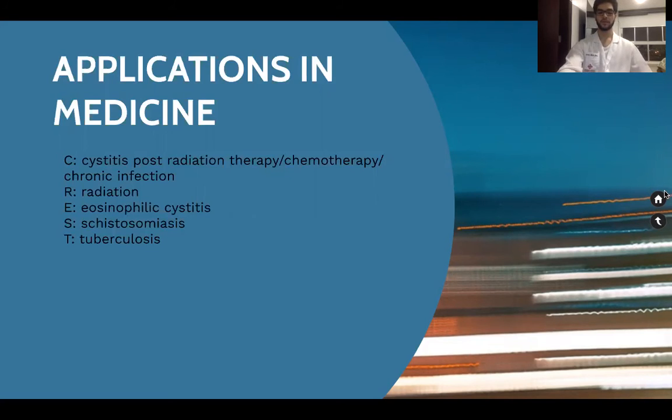Then there are eosinophilic cystitis, schistosomiasis, and tuberculosis. Schistosomiasis is the one we're going to focus on, as it is the infection by the schistosoma, which is a parasite, and the eggs lead to the calcification. This is the most common reason for eggshell calcification of the bladder.